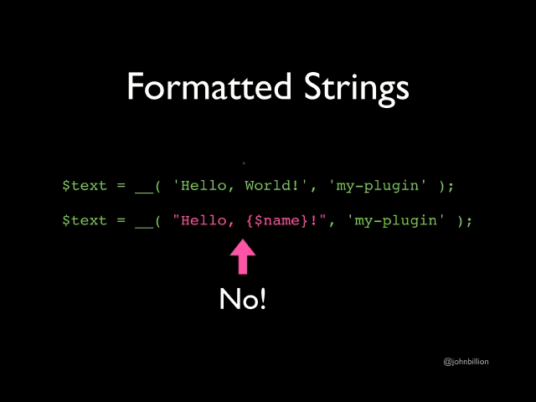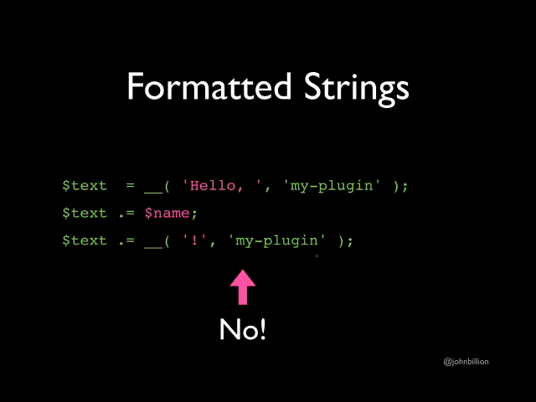It will technically work in PHP, but the problem is when translate.wordpress.org comes along and scans the text in your plugin, it doesn't actually execute the PHP. It reads it as plain text. So this string will be seen as the literal string by the translator. The translator will see the opening curly braces, they'll see the $ sign, and they'll see the variable name. And of course, it won't be translatable. They won't know what's going on there.